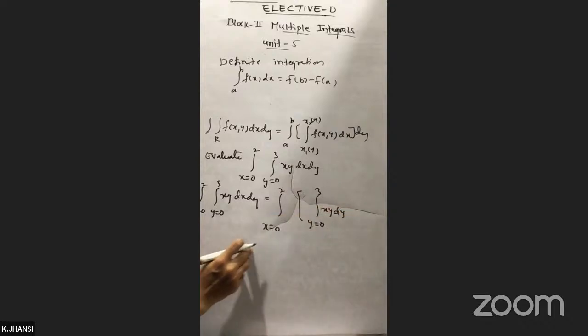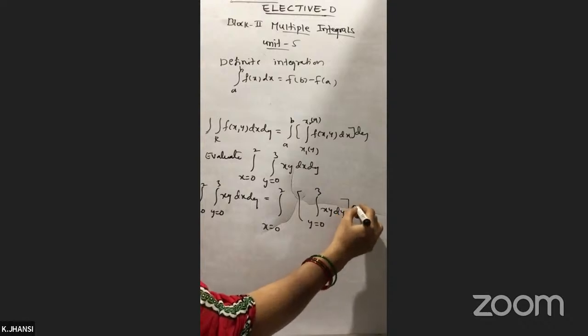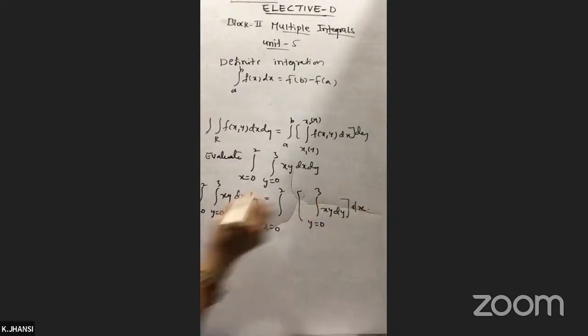So xy dy is inside and dx you take outside.